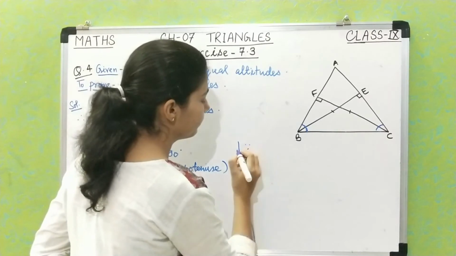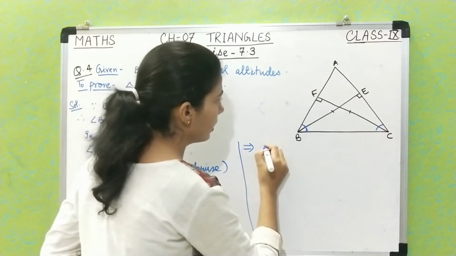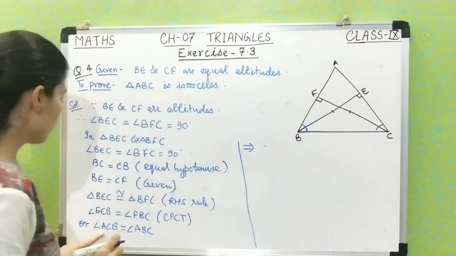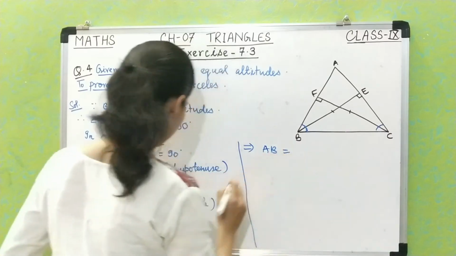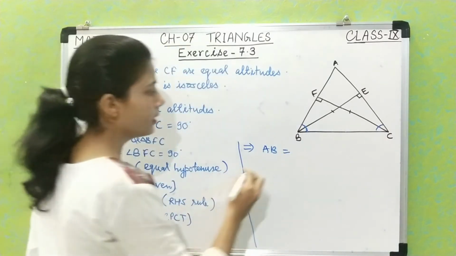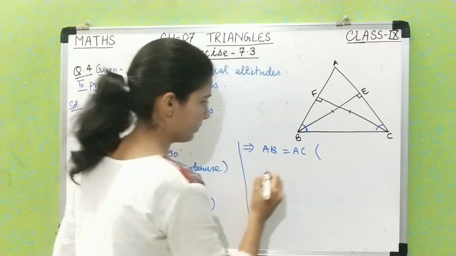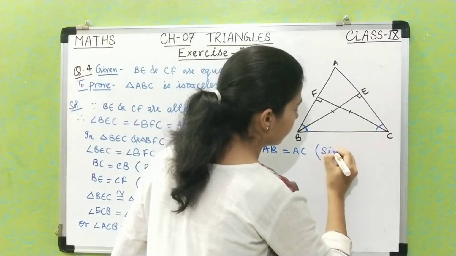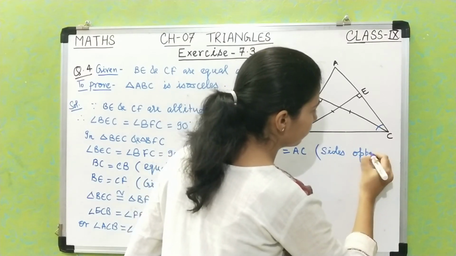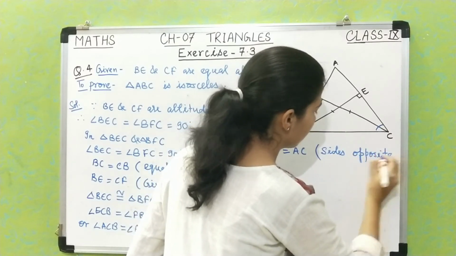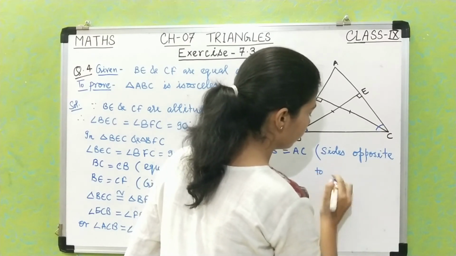So this implies the side opposite to angle ACB is AB and the side opposite to angle ABC is AC. Why? These are the sides opposite to equal angles.